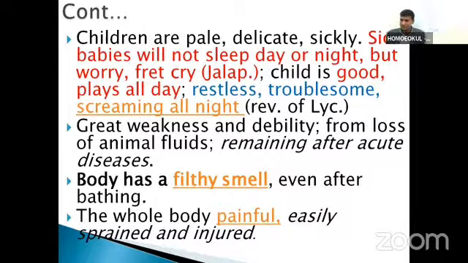So right now, read, also read the second line. Carbo animalis: easily sprained, easily injured. Okay. Clear? So here, Carbo animalis, Psorinum, that whole body painful.